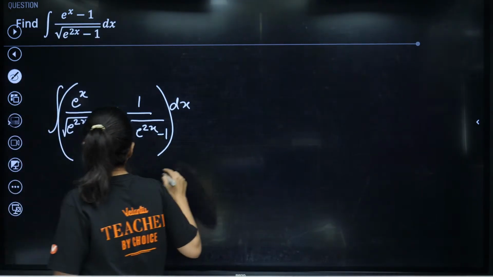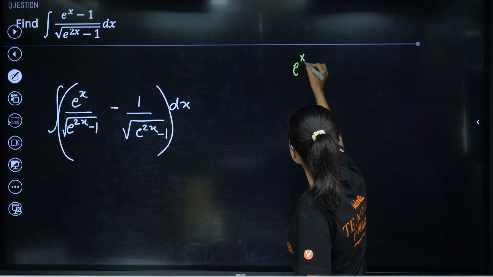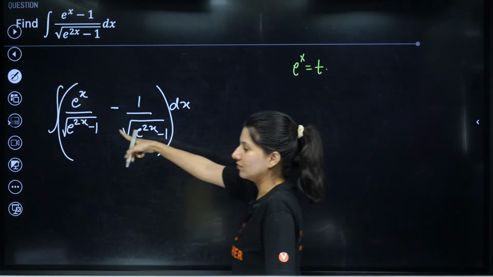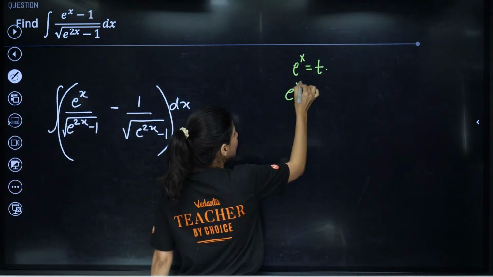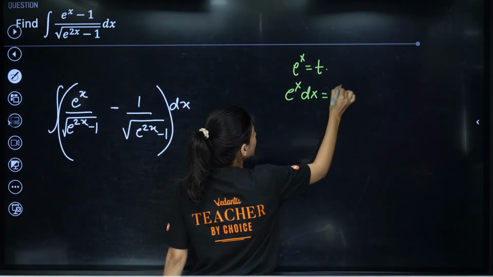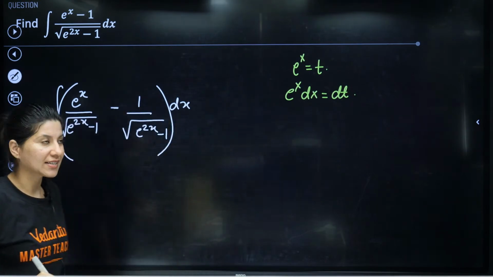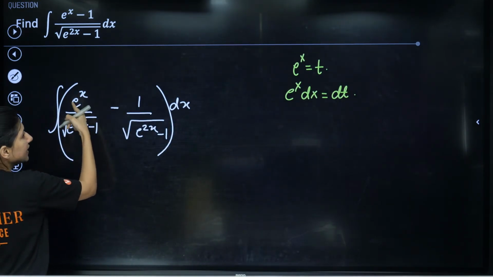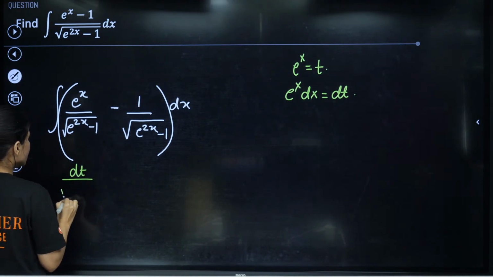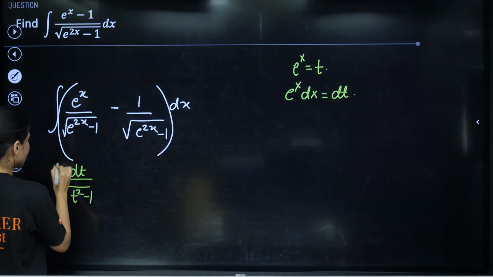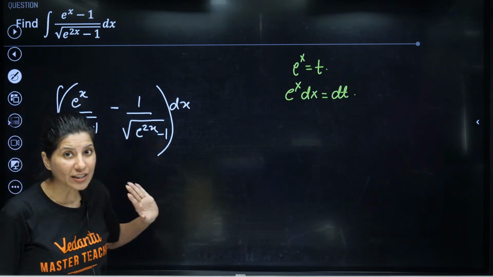Okay, so I'm going to put e raised to power x equal to t. Then e raised to power x dx will become dt. So this will become dt upon square root of t square minus 1. So the first half is sorted.